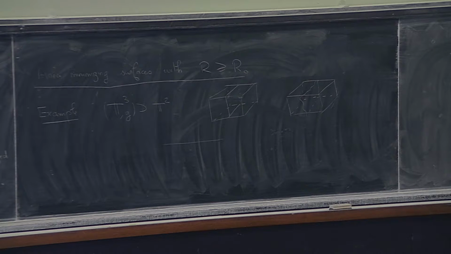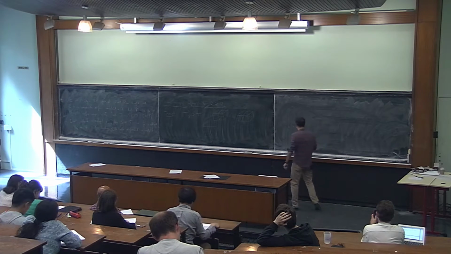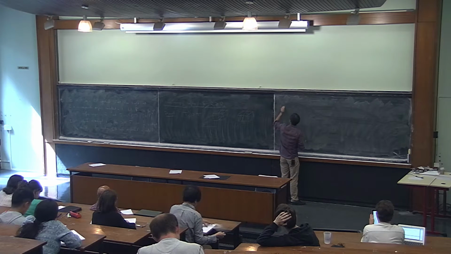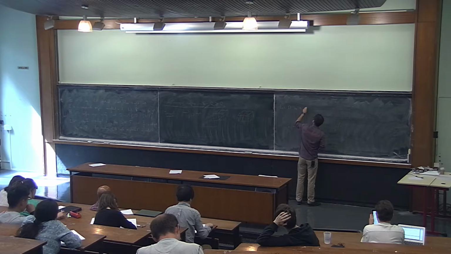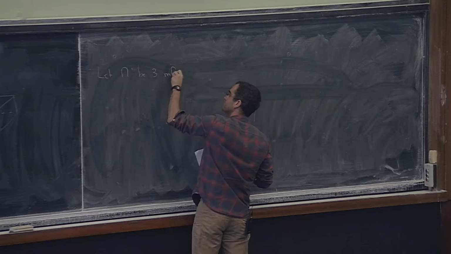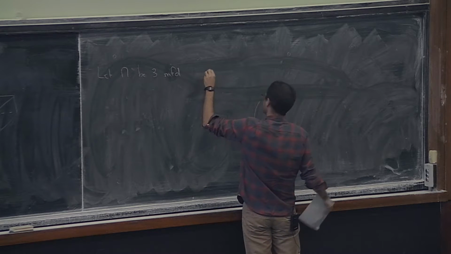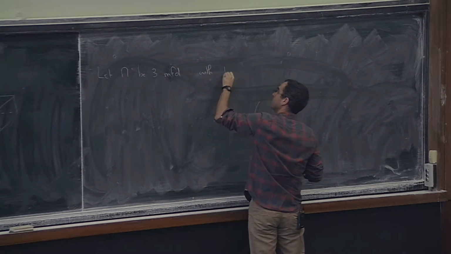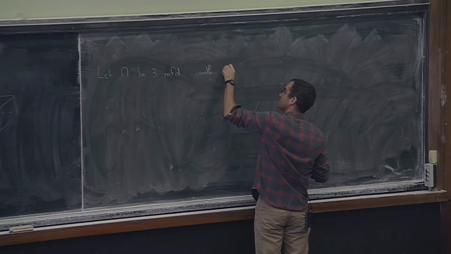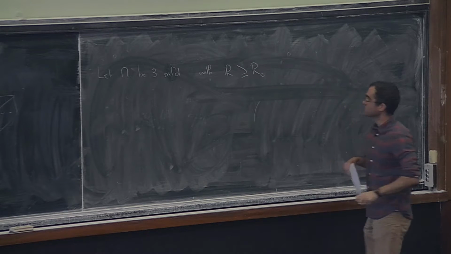In order to look at this example, let me generalize the question a bit. Let M be a three manifold, closed or not necessarily closed, and you assume that the scalar curvature is larger than some constant R0.